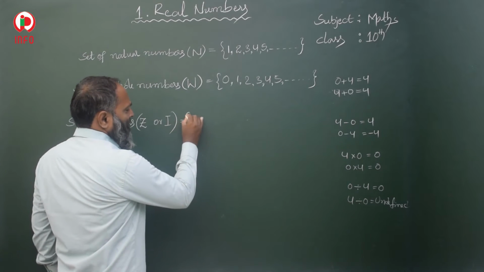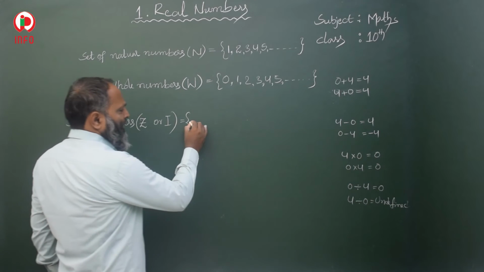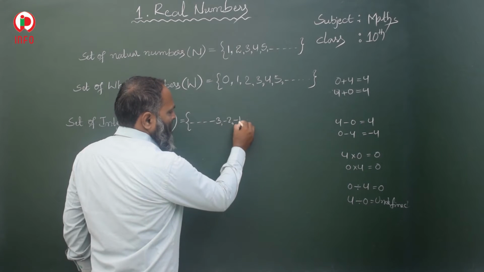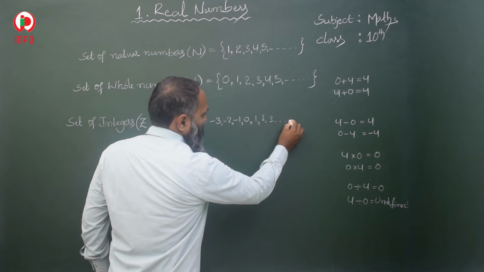What numbers are there in the set of integers? In the set of integers we have negative numbers: minus 3, minus 2, minus 1, then 0, 1, 2, 3 and so on.